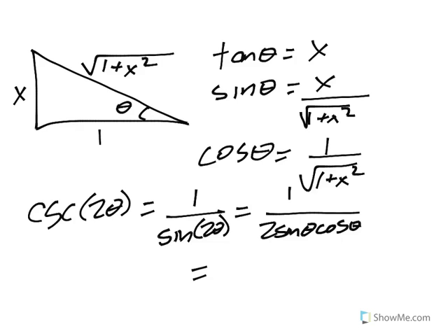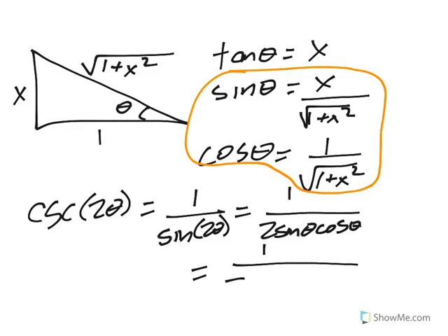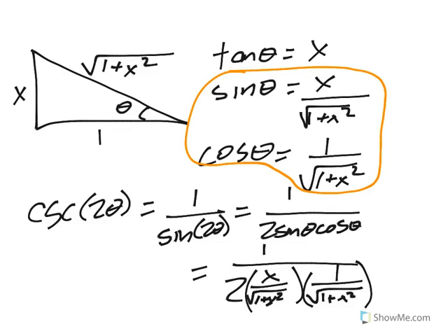Well, I just figured out sine theta and cosine theta in terms of x. So this is going to be 1 over 2 sine theta cosine theta. And this is actually looking like something.